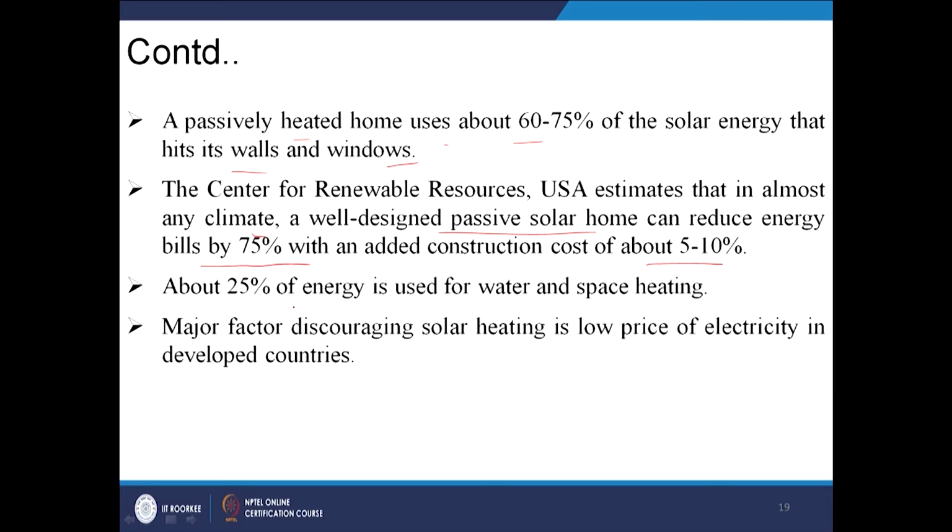About 20% of energy is used for water and space heating, and the major factor for which solar energy is not being used widely is its cost. Previously it was very costly, but now the cost has reduced and the application of solar energy is becoming a reality, and people are getting more interested day by day in using solar energy in different applications.